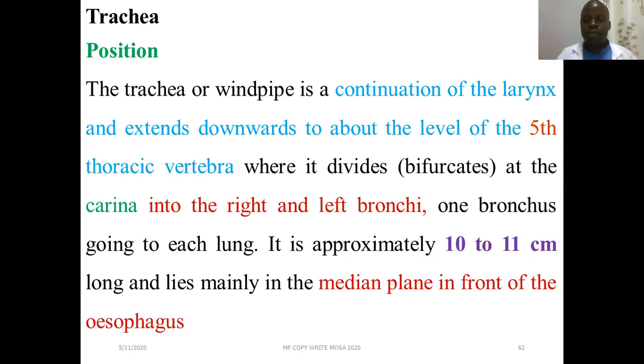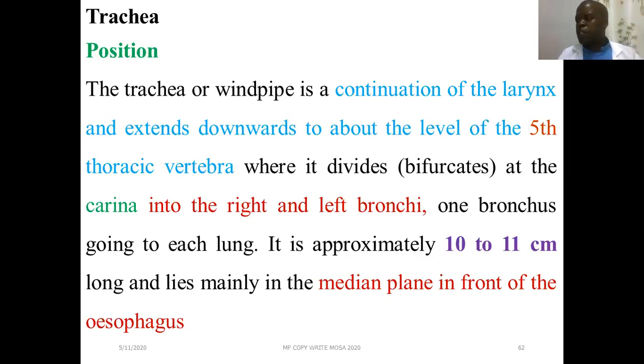It is approximately 10 to 11 centimeters long and lies mainly in the median plane in front of the esophagus. That is just a description of the trachea.